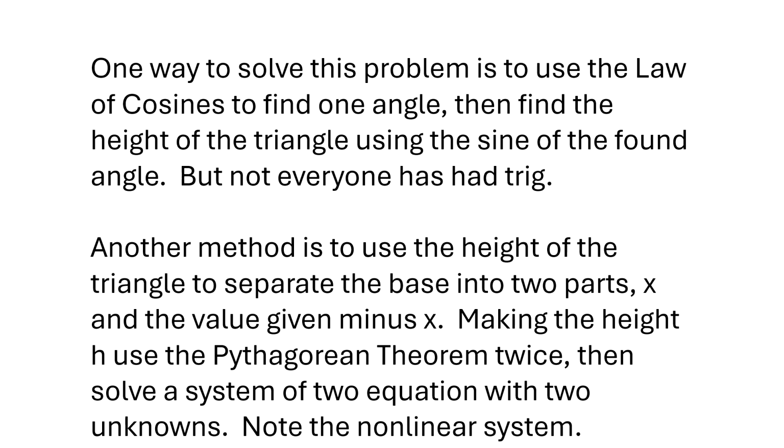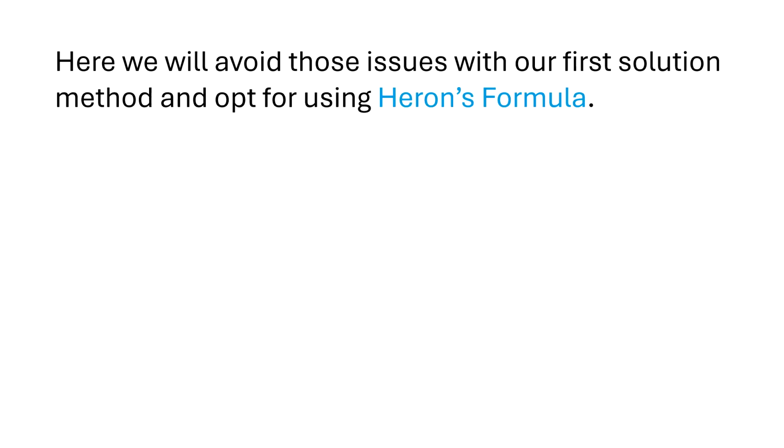Now, there'll be square terms in this system, so it's a nonlinear system. That turns out not to be too bad, and it can be handled rather easily. But first, we're going to start off with a nice, simple formula.